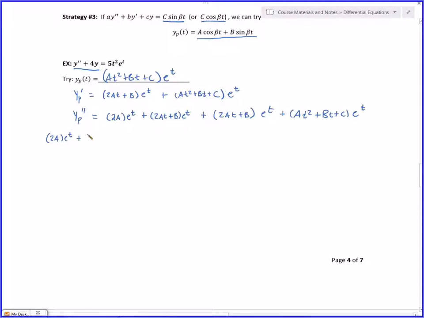I'm just going to write it all the way in there. 2a e to the t plus b e to the t plus 2a t plus b e to the t plus (at squared plus bt plus c) e to the t plus 4 times the original, which is (at squared plus bt plus c) e to the t. And that has to be equal to 5t squared e to the t.